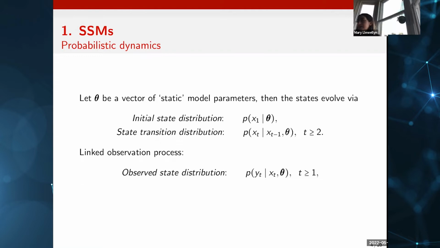And we also have a state transition distribution describing how the latent process evolves through time. So this is the state process. And then to describe how the data are emitted from those latent states, we have an observed state distribution mapping the underlying states to the observations.